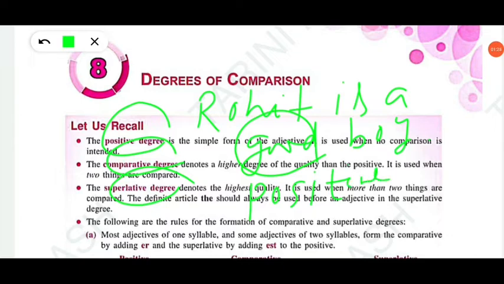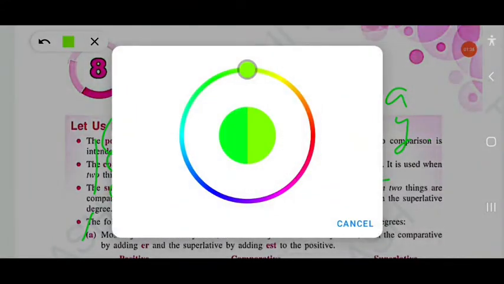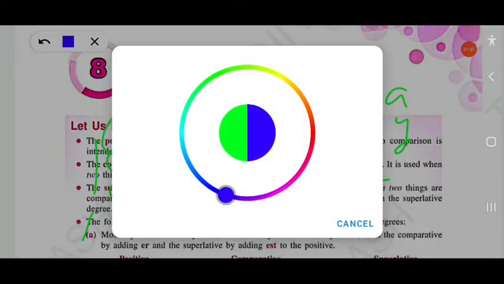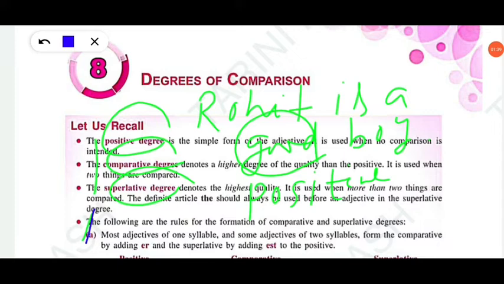If you want to compare Rohit with another boy, you have to use the comparative degree. Take an example: Rohit is better than Rohan.